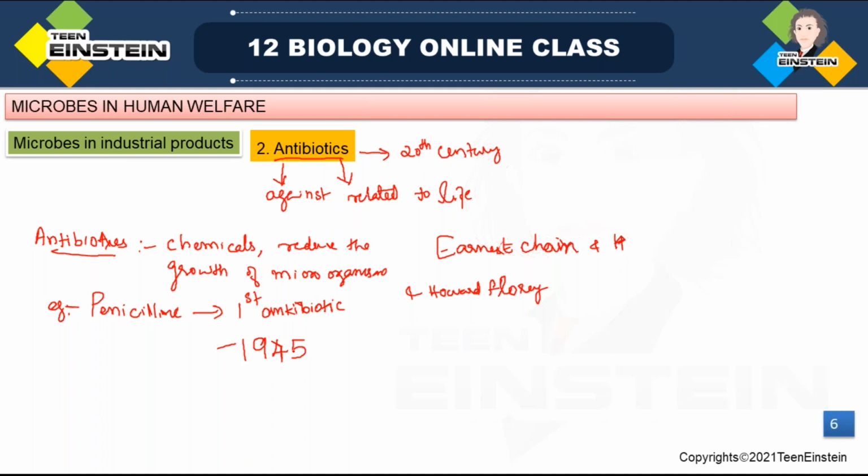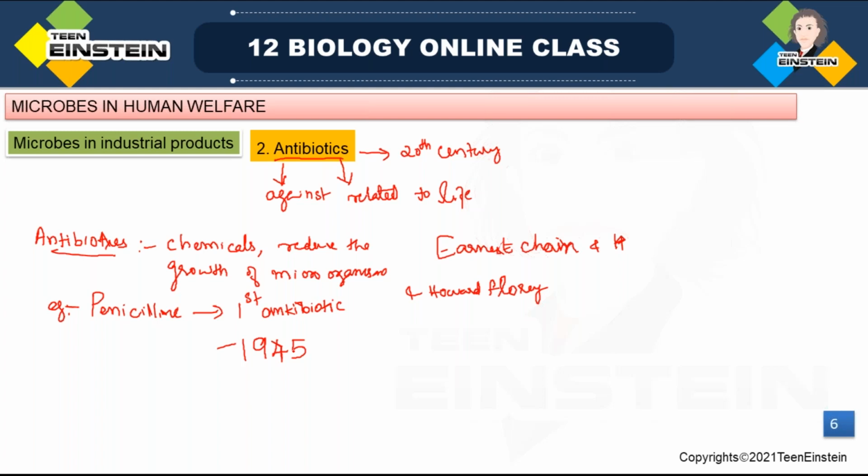Then later, Ernest Chain and Howard Florey got the Nobel Prize in 1945 for the full potential and effective antibiotic, for this discovery.